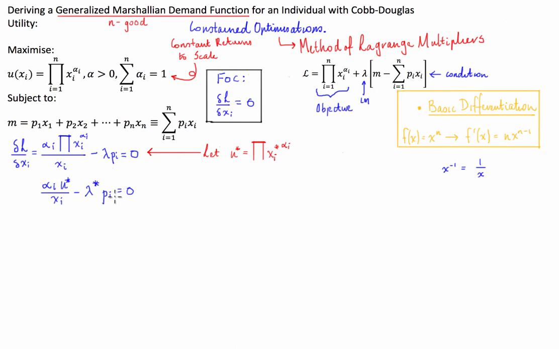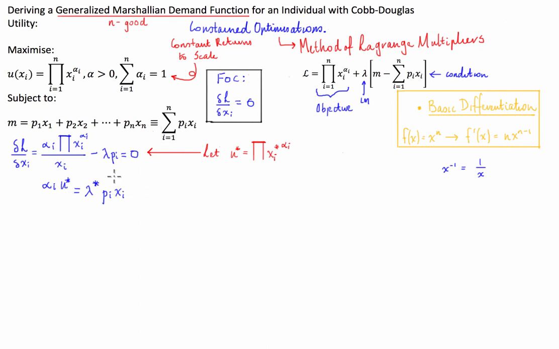Cool. So we can then just rearrange this. I'm going to take the xi over to the other side, and I'm going to equate them. I'm going to take this whole thing over to the other side, then multiply by xi. So let's get rid of the 0. Let's turn this negative sign into an equals, and we're going to get rid of the fraction, multiply both sides by xi.